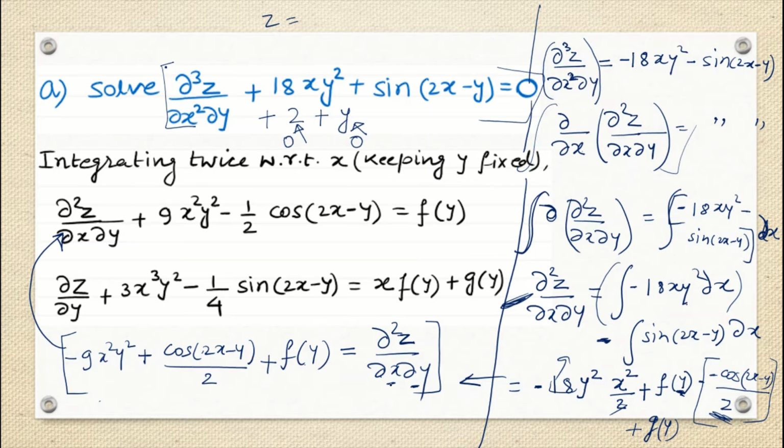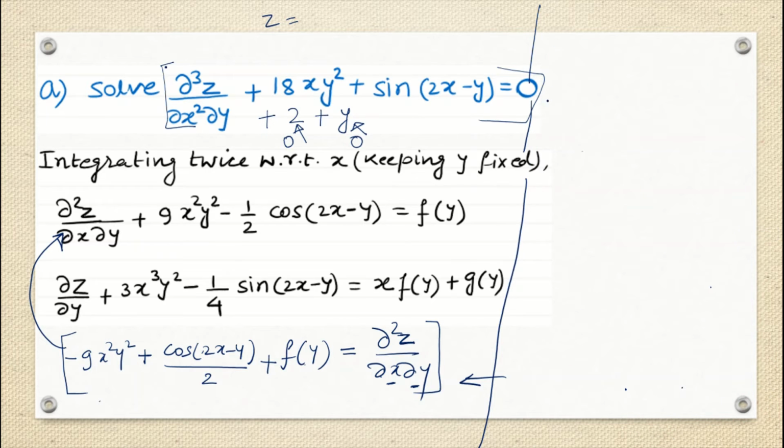So now again we are going to find the integration with respect to x. Okay, so I'm writing here the left hand side. What was the left hand side? Del 2 z by del x del y, and then the right hand side I'm writing here. So this is nothing but minus 9x square y square plus cos(2x minus y) divided by 2, and then plus this is your f(y), correct? No, so I'm going to write the integral sign, because I am going to find the integration with respect to x.